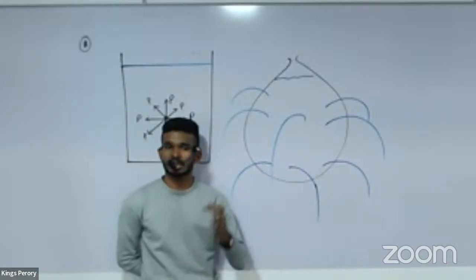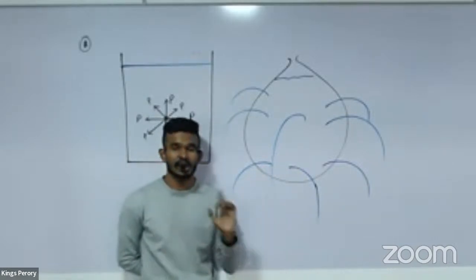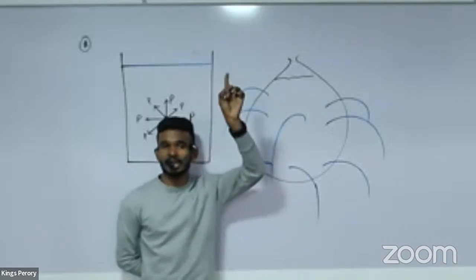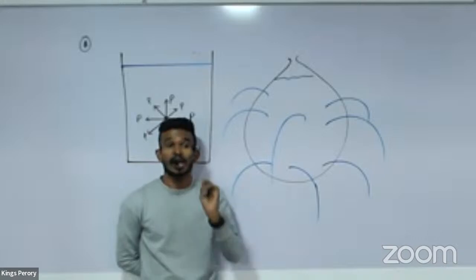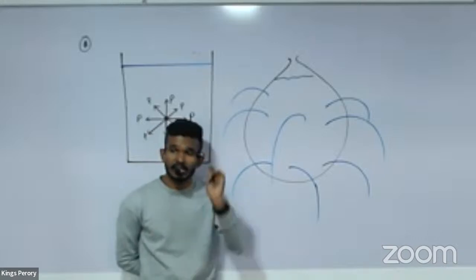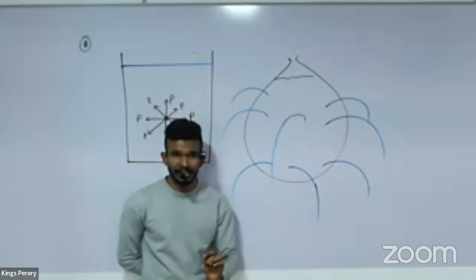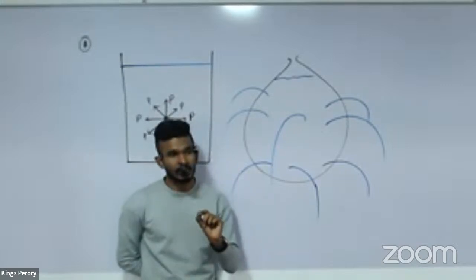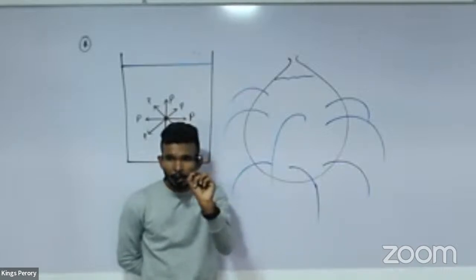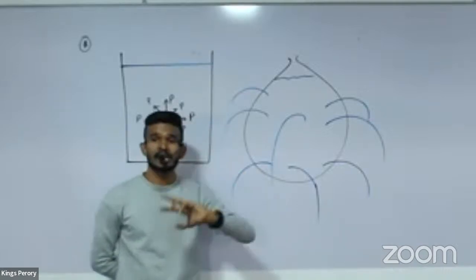When depth decreases, hydrostatic pressure will also decrease. What's the first property under hydrostatic pressure? Hydrostatic pressure does not depend on the shape of the vessel and area of the vessel. Second property, hydrostatic pressure at a given point acts in all the direction.